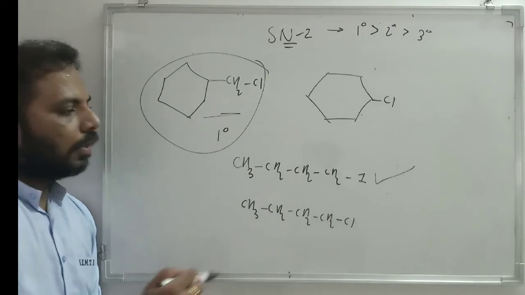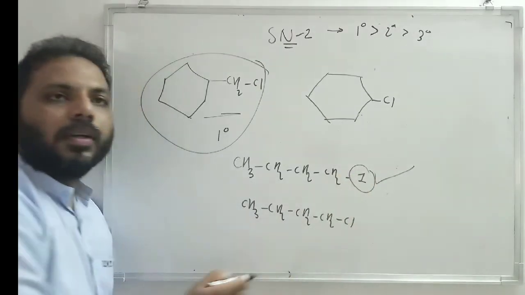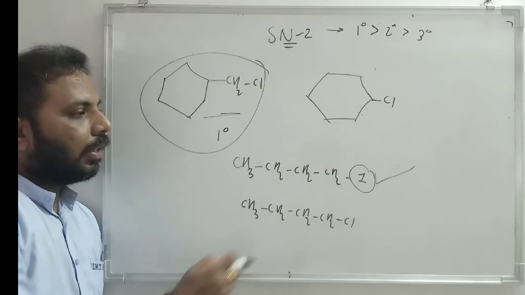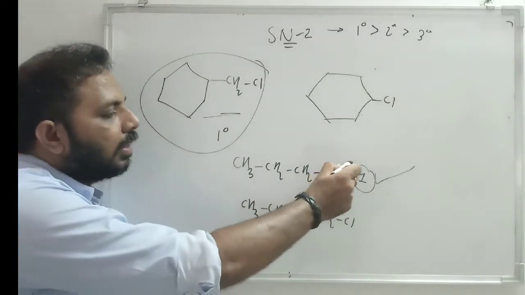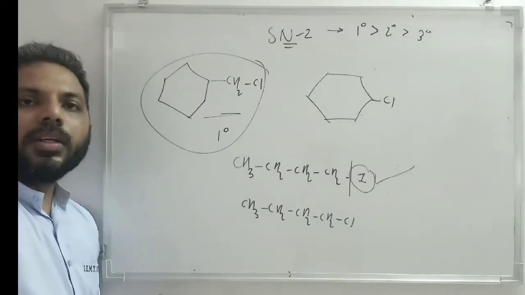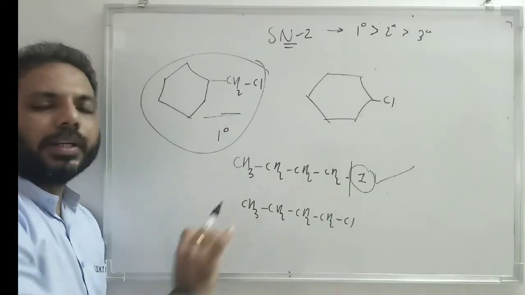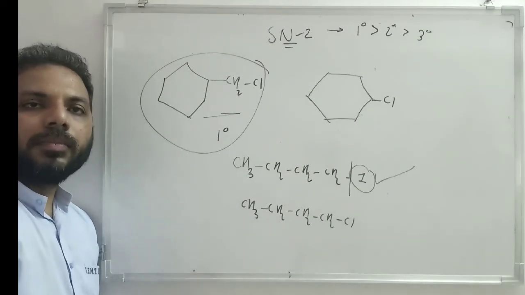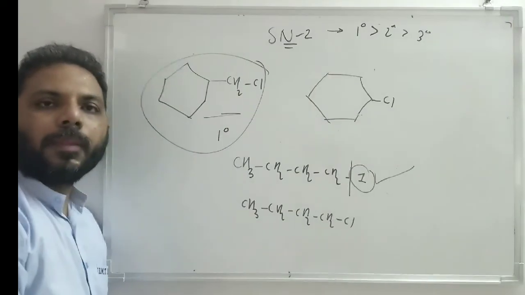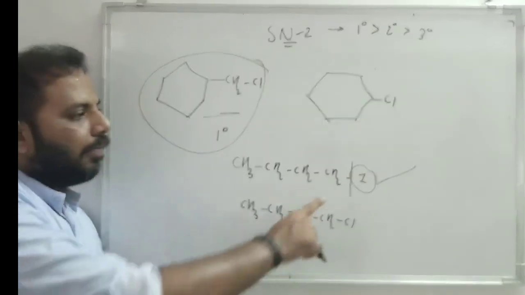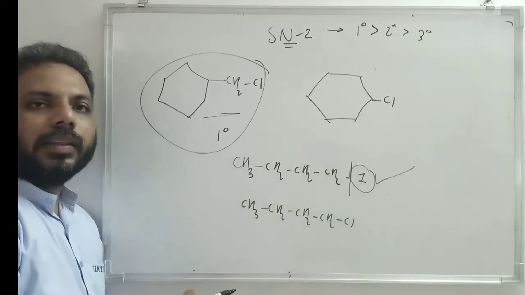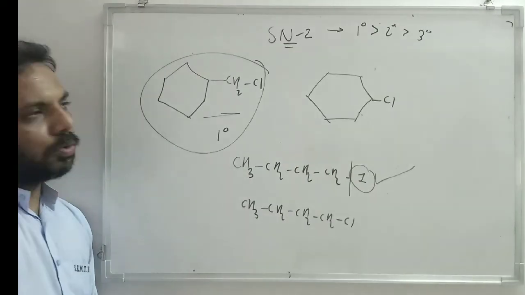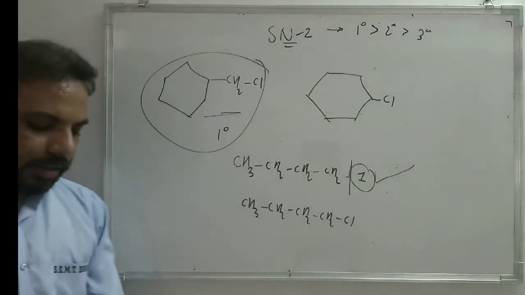The reason is the size of the iodine is more, and because of the size, the bond is easily broken, and that is why it is more reactive. So the size of the halogen always matters. Larger the size, weaker the bond, and weaker the bond, it can be easily released, and that is why it is more reactive. So this kind of question can be asked in the exam.